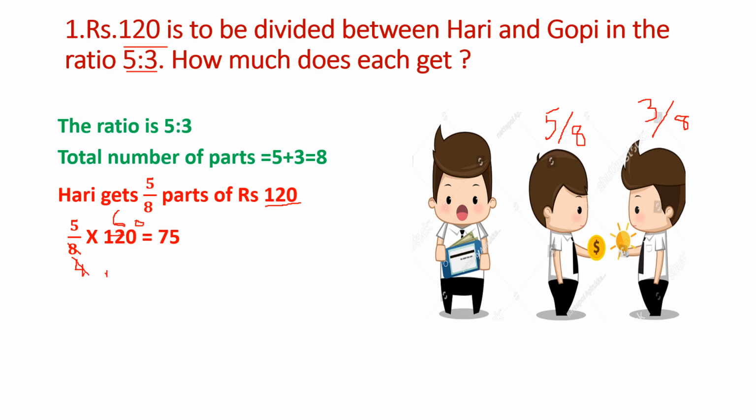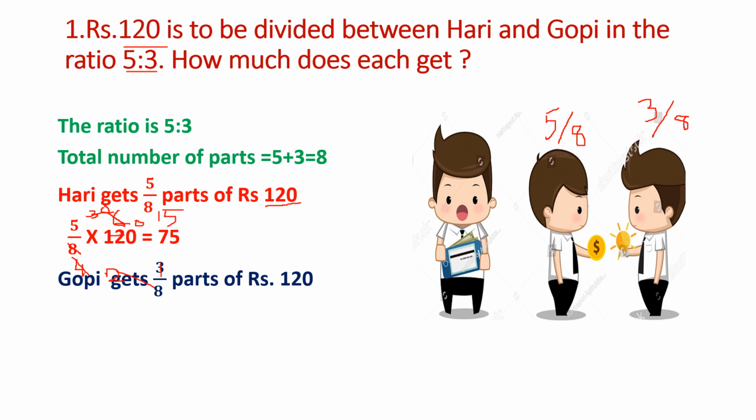Here I'll get 30. 2 3s are 6, 30. And again I can cancel by 2 and say it is 15. So finally I get 15. And 15 into 5 is 75. So my answer will be how much? 75.